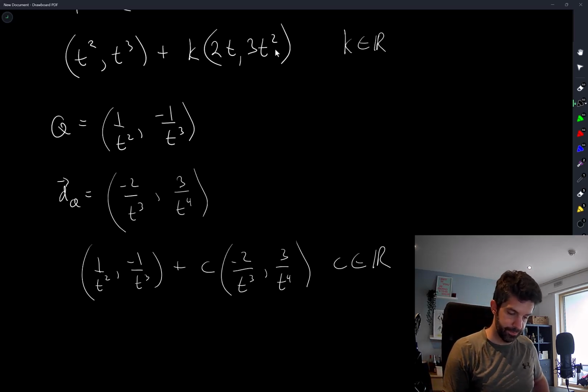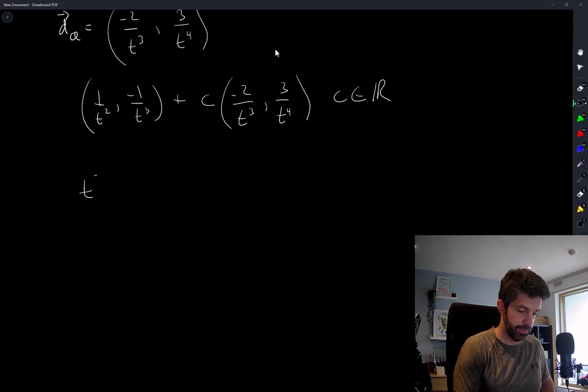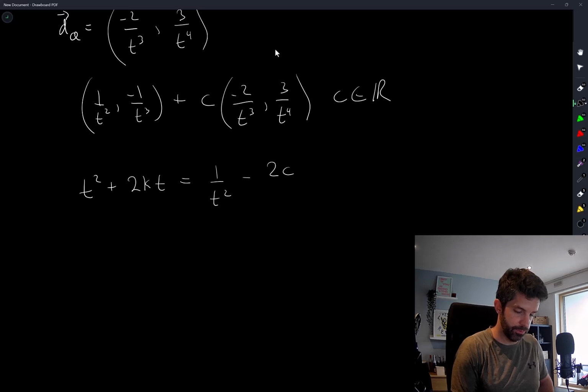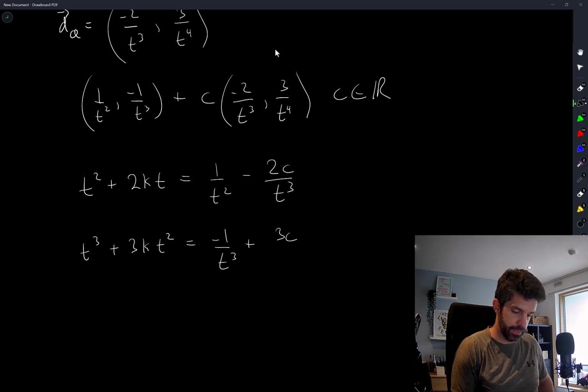And what I want are the values of k and c such that these two lines intersect. So I have t squared plus 2kt has to be equal to 1 over t squared minus 2c over t cubed. And I have t cubed plus 3k t squared is equal to negative 1 over t cubed plus 3c over t to the 4. Now t is fixed everywhere.